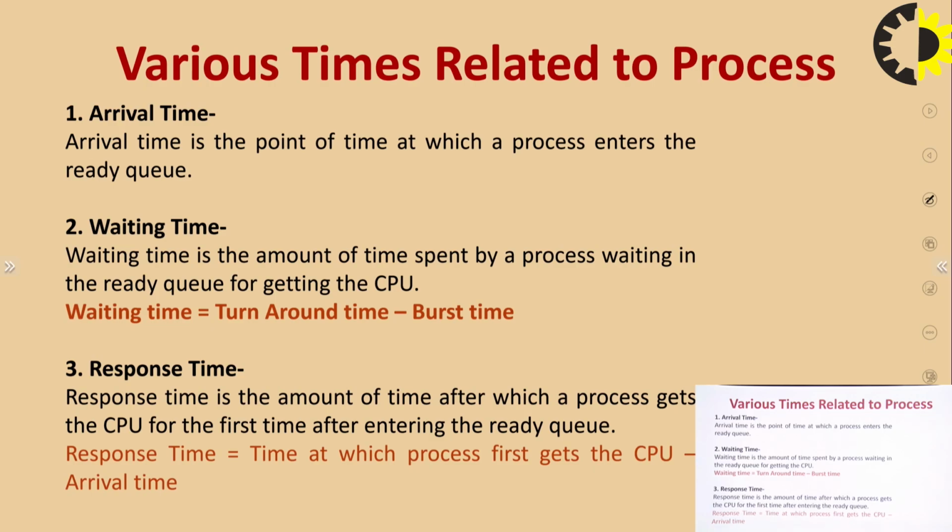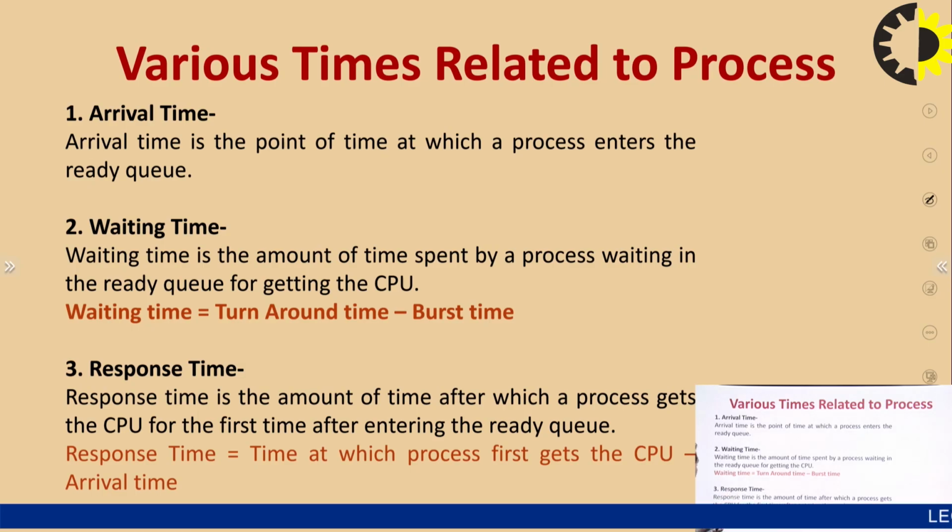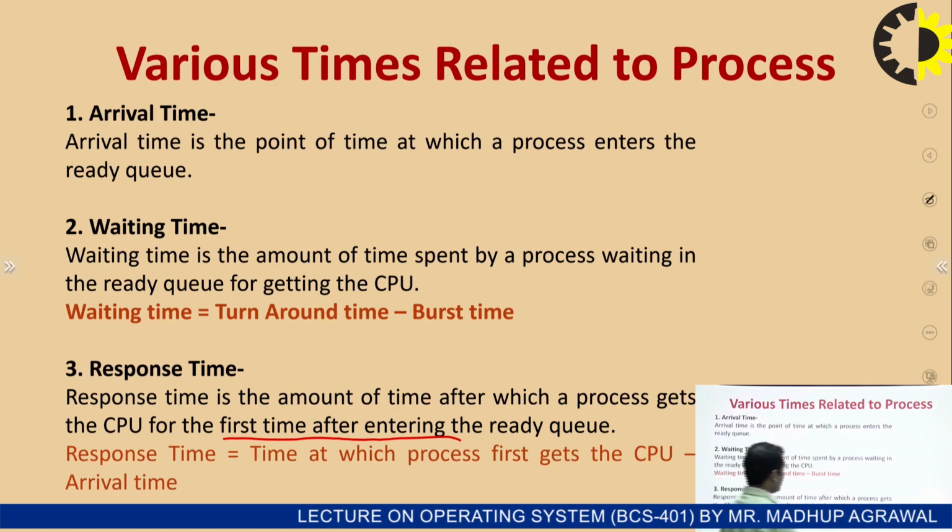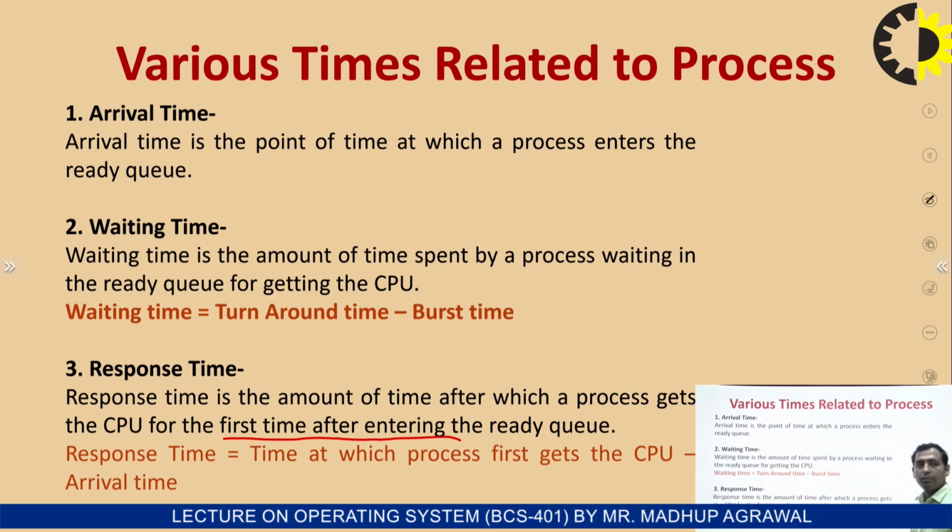Arrival time is the point of time at which the process enters the ready queue. Waiting time is the amount of time spent by the process waiting in the ready queue for getting the CPU. The formula is: waiting time is turnaround time minus burst time. Response time is the amount of time after which a process gets the CPU for the first time after entering the ready queue, calculated as the time at which the process first gets the CPU minus arrival time.